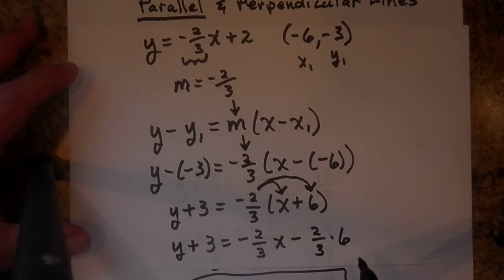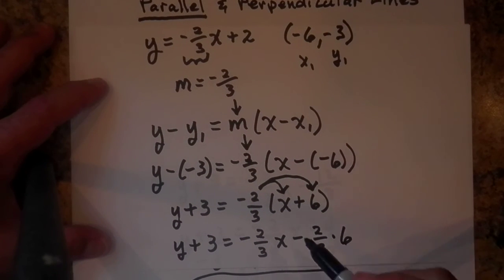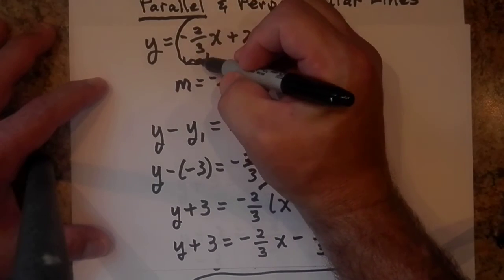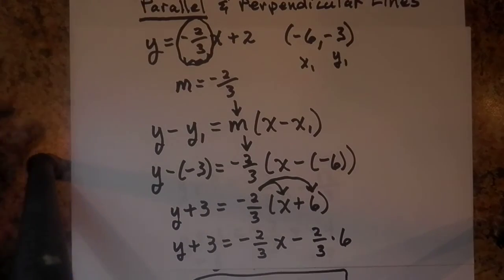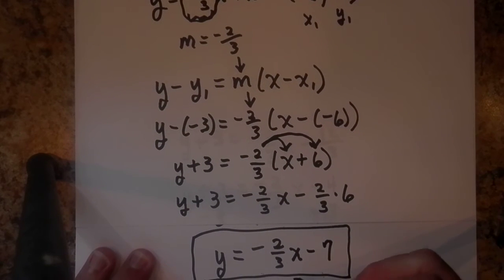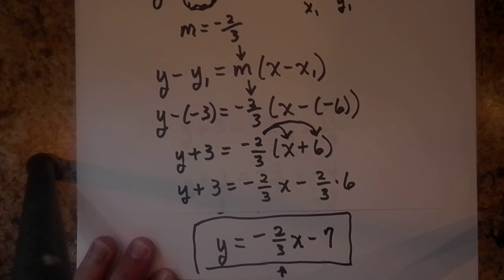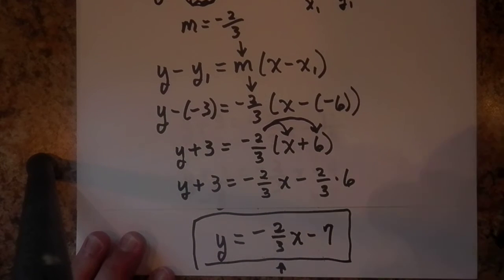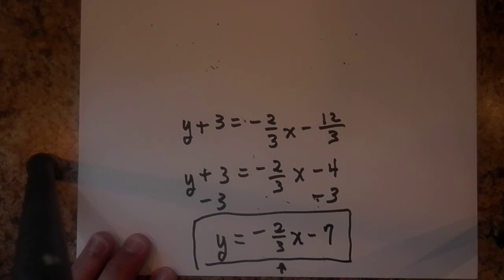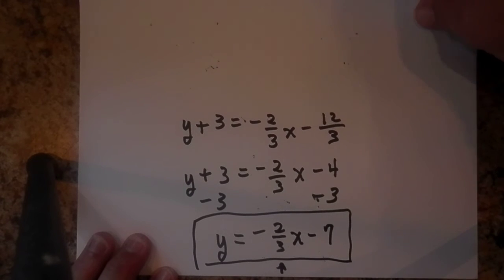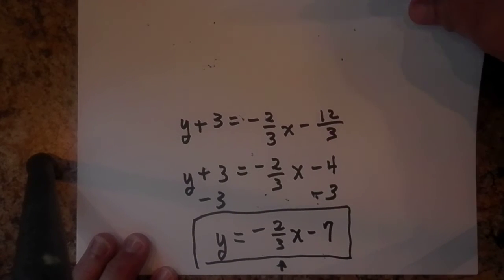You see -2/3 is the slope of my original line. -2/3 is the slope of my final line. So I know that these two lines are parallel.